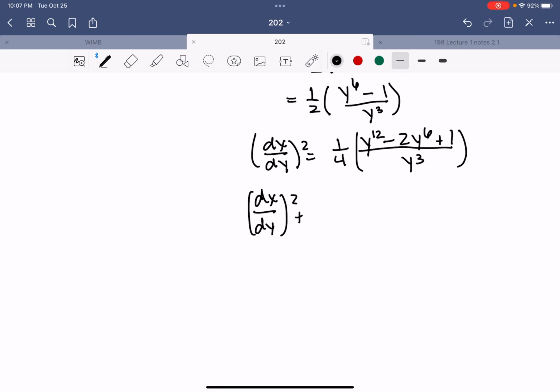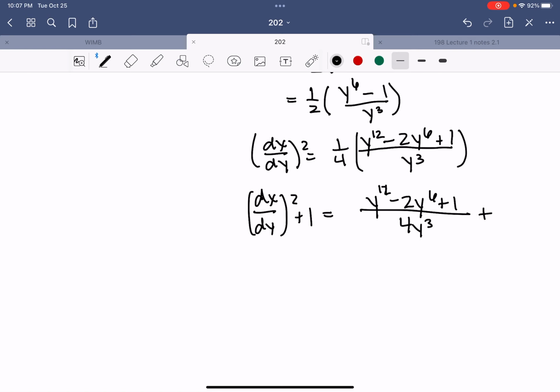So really I can just put this 1/4 underneath. So I can make it y to the 12th minus 2y to the 6th plus 1 all over 4y cubed.